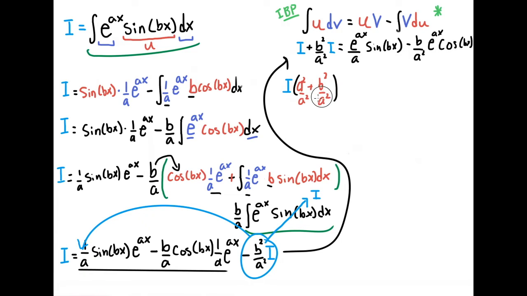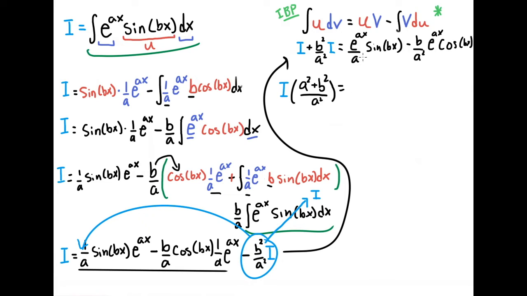So we can change this entire statement here to something that looks a little bit nicer, a little bit more friendly. We can change it to I multiplied by a squared plus b squared all over a squared.